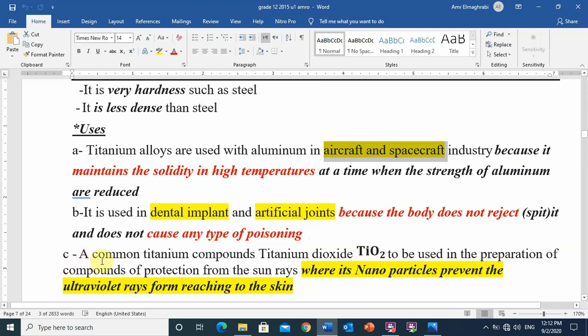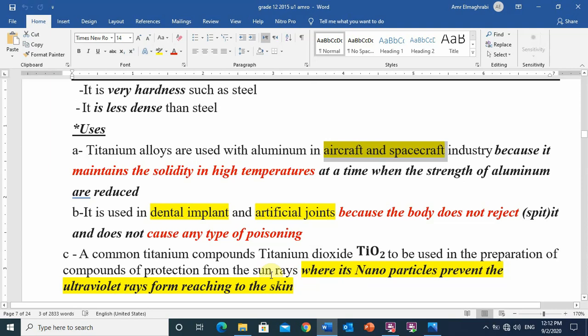The third and last use of titanium is titanium dioxide. Titanium dioxide is used in some creams that we use in the sun, which is called sunscreen, and it protects the body against ultraviolet.